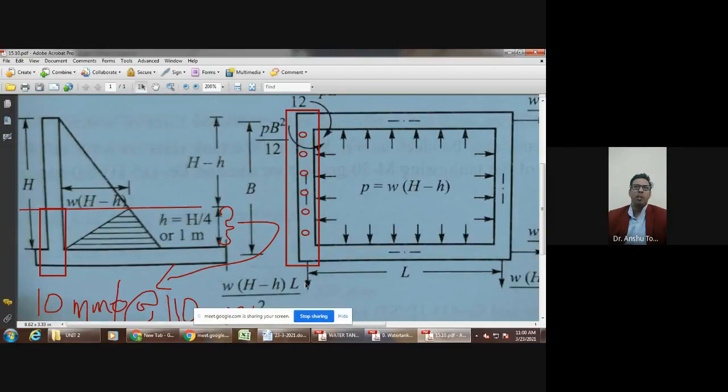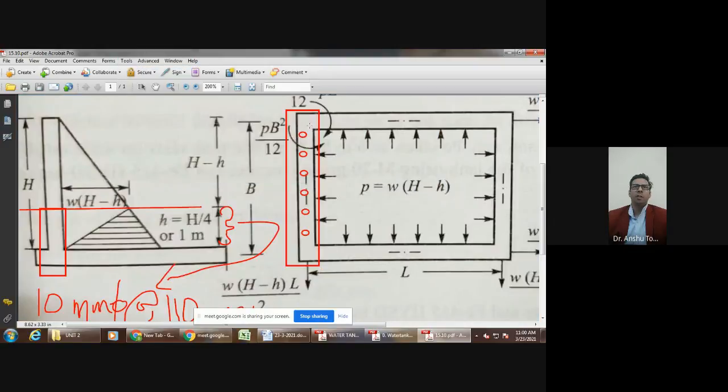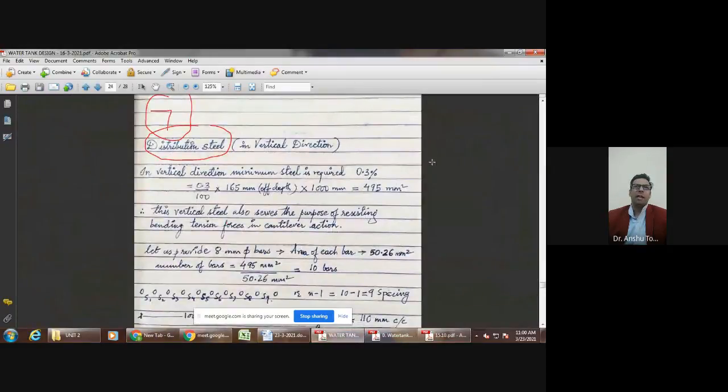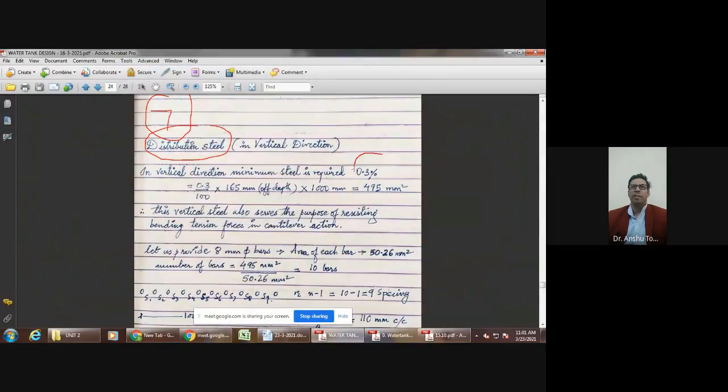For the distribution steel in the other direction, in this direction, we have to do the calculation to find this reinforcement. That will be 0.3% again of the gross area.